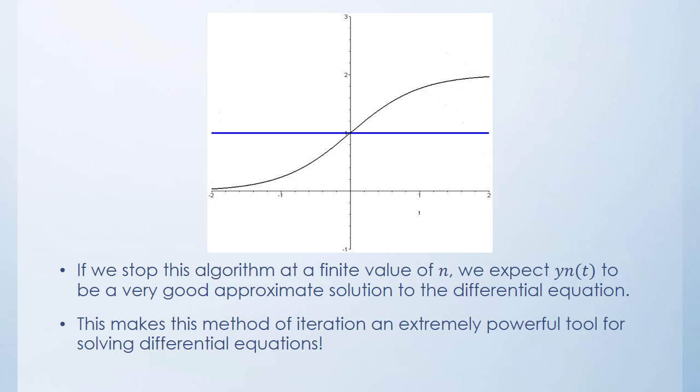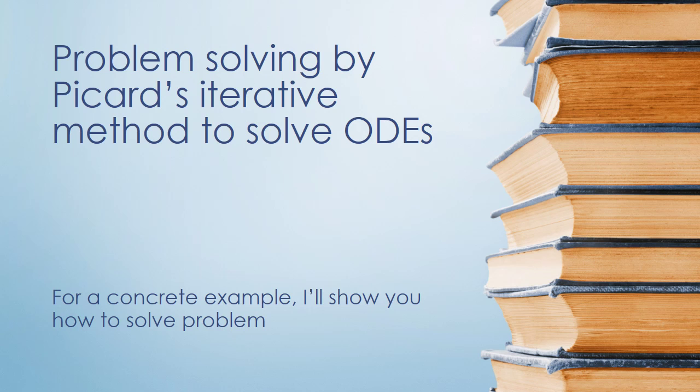If we stop this algorithm at a finite value of n, we expect y n of t to be a very good approximate solution of the differential equation. This makes this iterative method an extremely powerful tool for solving differential equations.